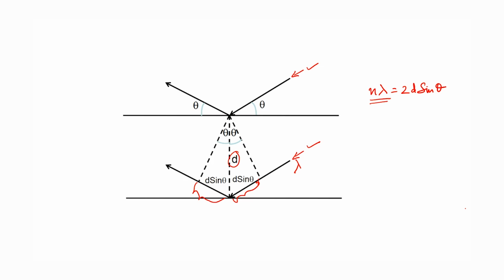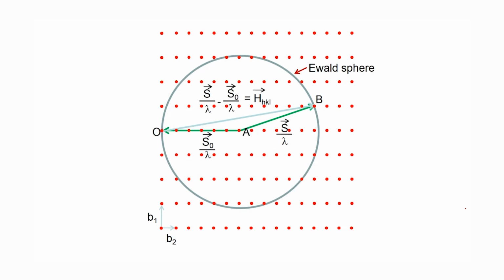Now, the same thing is also shown in another notation. It is the exact same idea here where these dots represent the periodic structure of the material, and we are looking at the same radiation in inverse notation. Again, you need not know great detail of it, except that there is an equation here where S naught by lambda represents your incident beam, and S by lambda represents the potential diffracted beam, could be or not, we do not know.